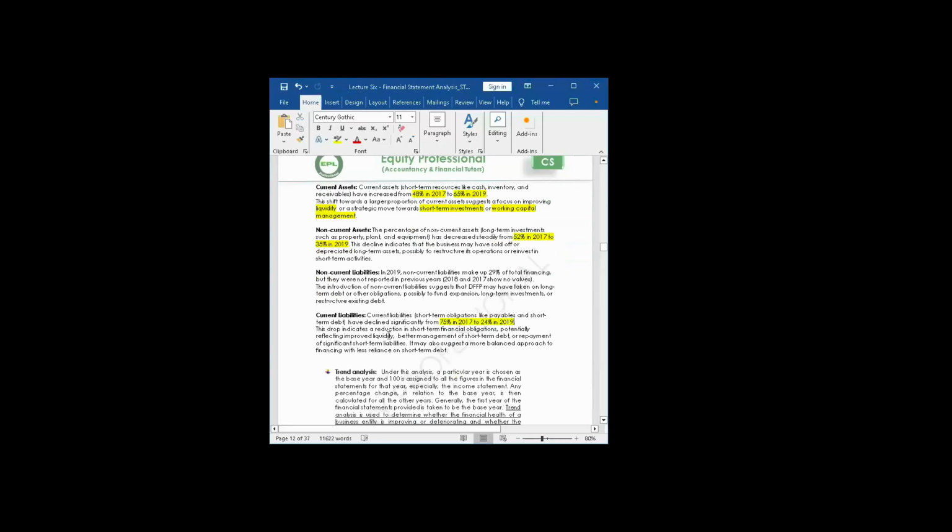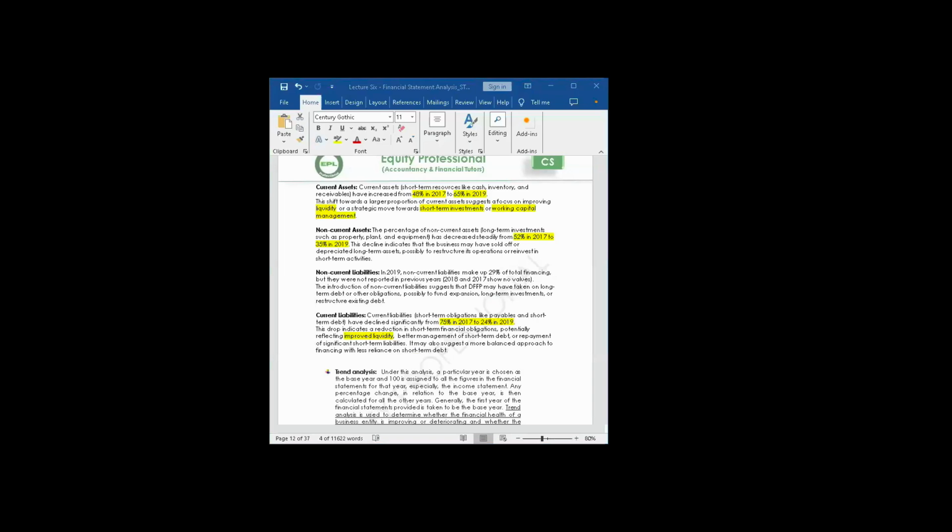This drop indicates a reduction in short-term financial obligations, potentially reflecting improved liquidity, because they have sold off some of their assets in order to have enough money to pay off, or better management of short-term debt or repayment of significant short-term liability. It may also suggest a more balanced approach to financing with less reliance on short-term debt.